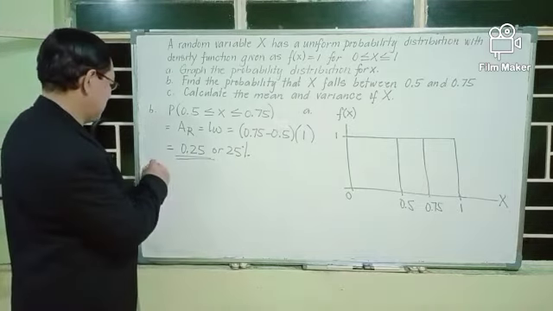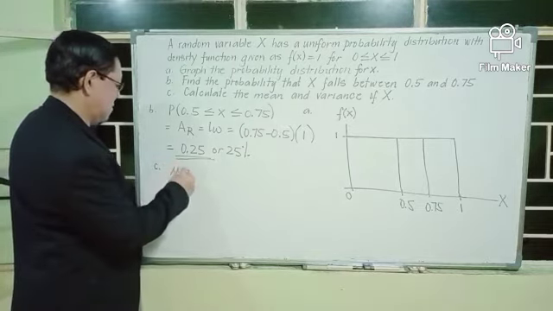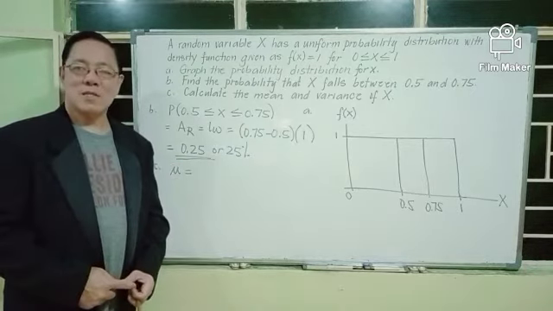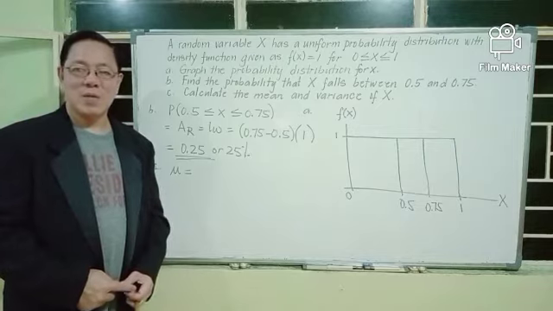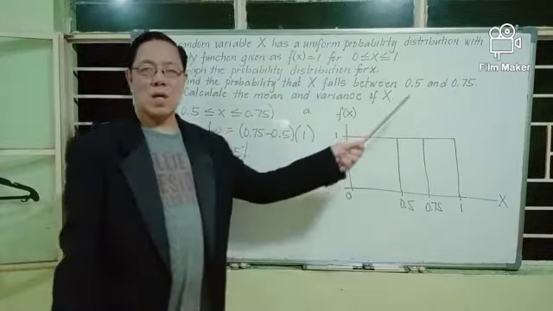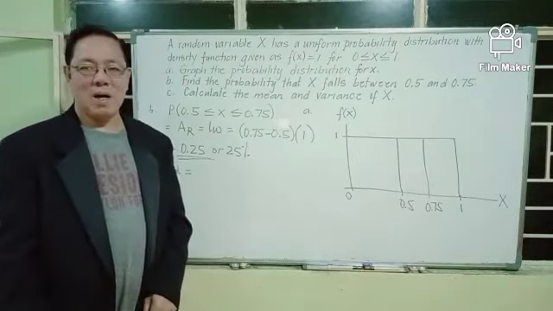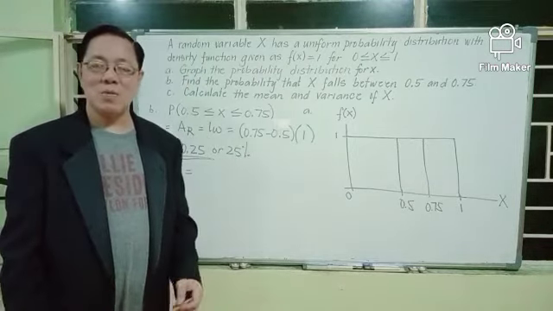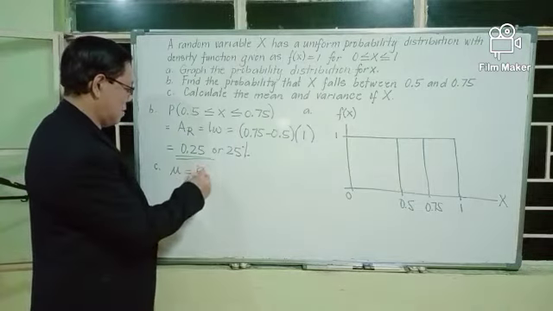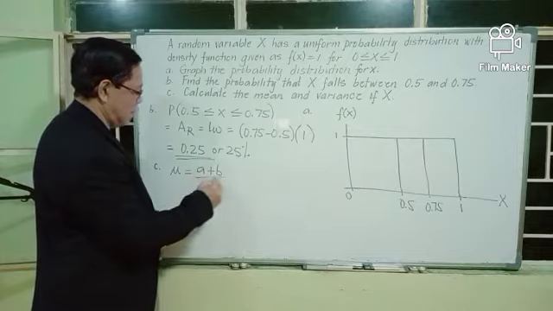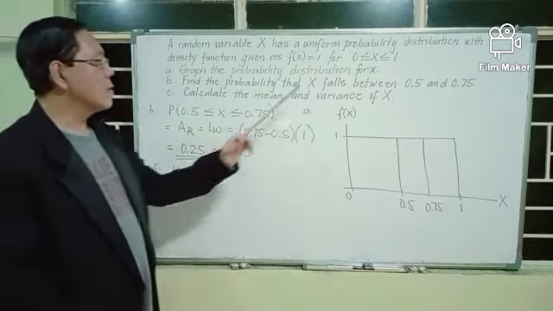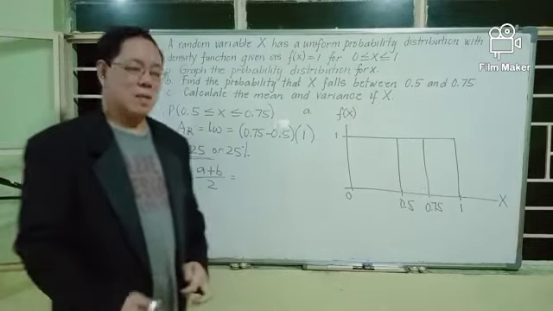And letter C, we calculate the mean and variance of the random variable x, the uniform random variable x. The mean, as we have said earlier, is equal to the midpoint of the line interval from 0 to 1, and the midpoint of the interval from A to B is equal to the sum of the endpoints divided by 2, where A is 0 and B is equal to 1.